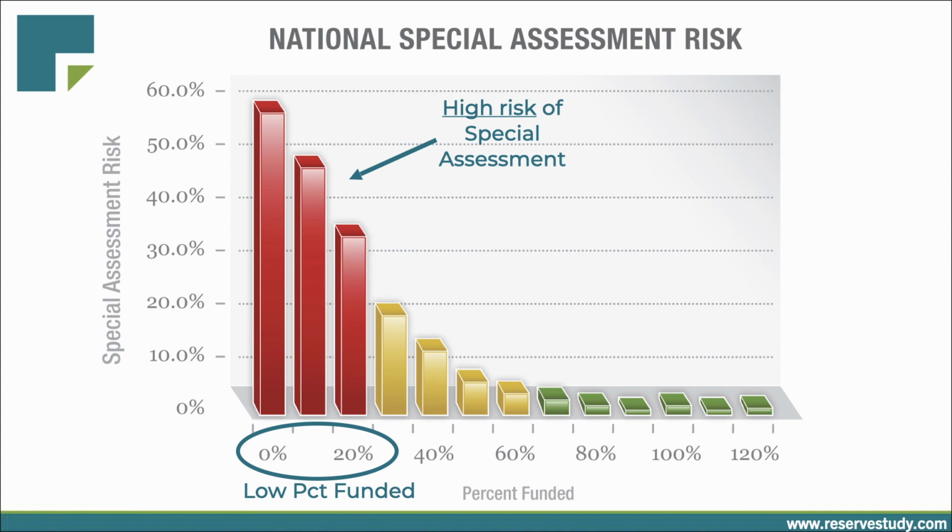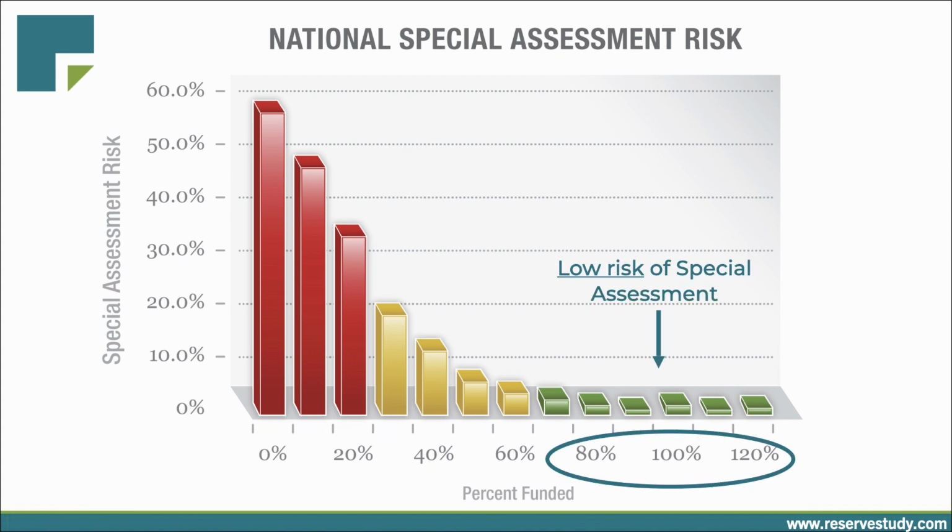And on the other hand, if you're at 70% funded or above, special assessments are rare. That means associations above 70% funded regularly have enough reserves to do their projects on time. Those boards feel comfortable that their reserves are strong.